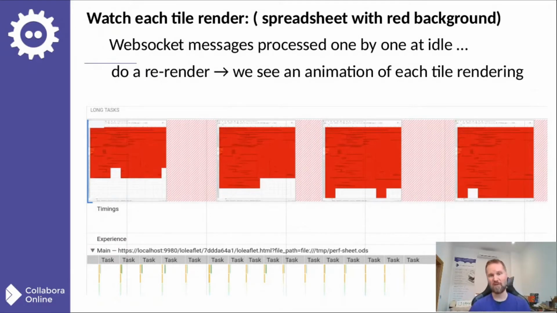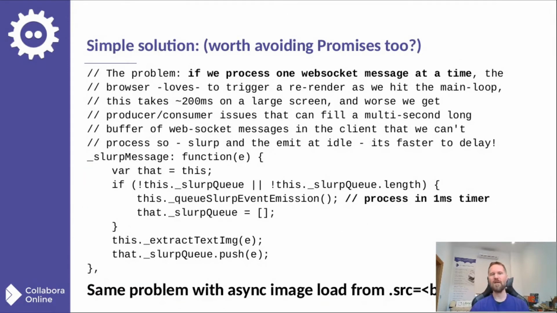Actually when you typed, you would see a render of each tile appearing, one per frame. We spent a lot of time, and perhaps you can see that in the profile here, of tiles coming in. So wouldn't it be nice if we could slurp all of those? By adding a delay, we can make everything quicker because we can pull all those events in.